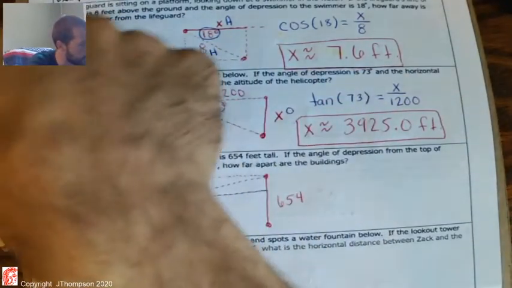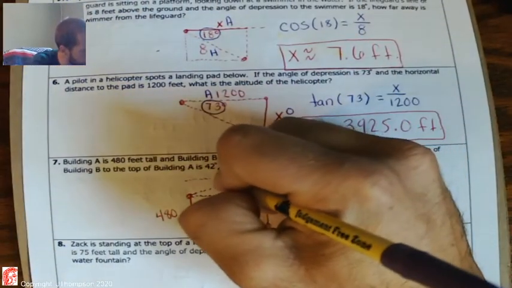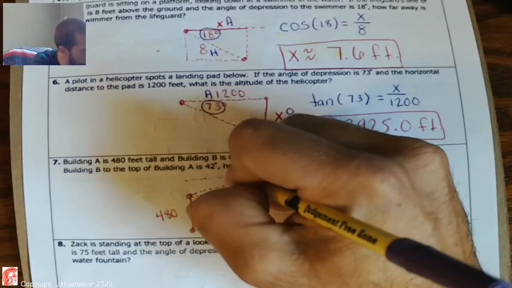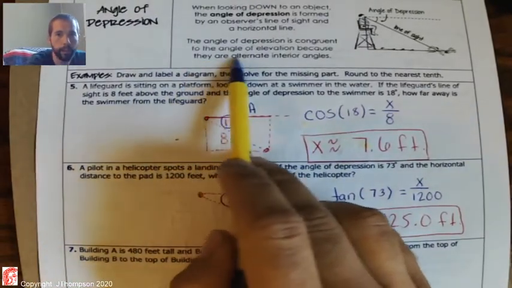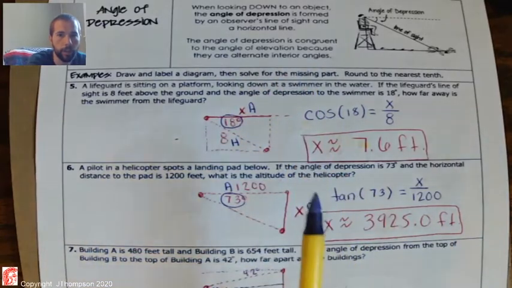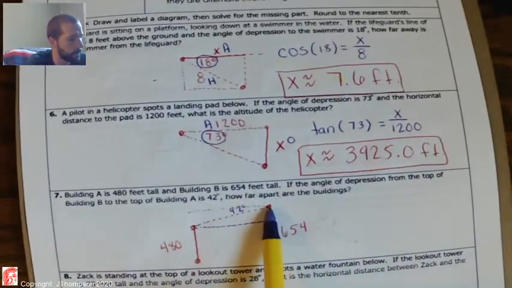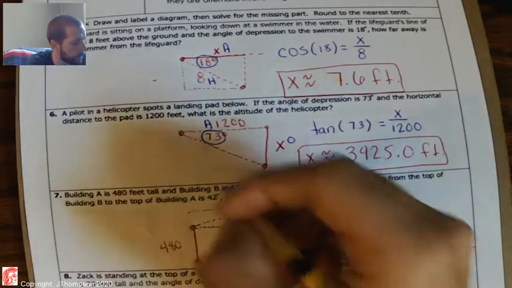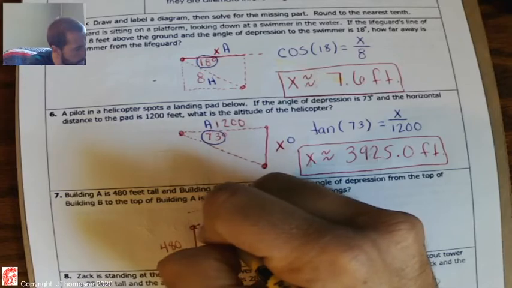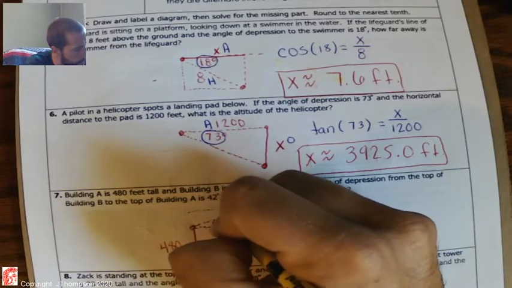So that would be right here. Now if we look up at the top, angle of elevation and angle of depression are alternate interior angles. So that means if the angle of depression from B to A is 42 degrees, then the angle of elevation from A to B is also going to be 42 degrees.